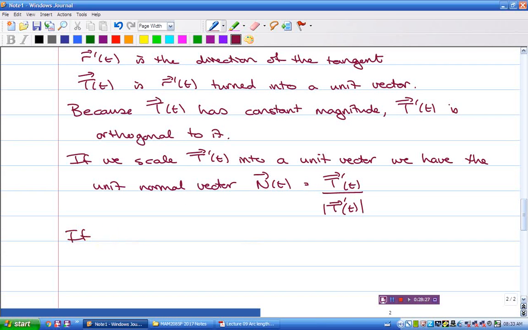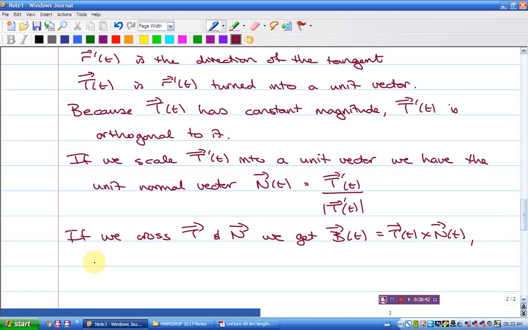If we cross big T and big N, we get a vector called big B, which is called the binormal vector. And because big T is unit and big N is unit, think of your definition of the cross product back from first year.